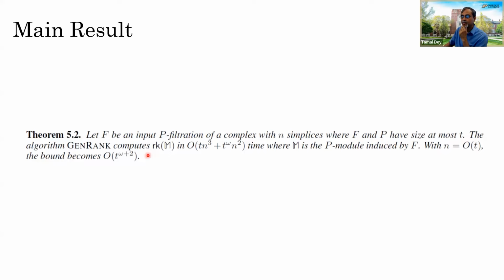Then the algorithm computes the rank of N in this time complexity, T to the power 2 plus omega times N. Basically, it's almost like a little more than quadratic, because here 2 plus omega, where omega is the matrix multiplication exponent, is 2.373. So it will be a little more than quartic. So this is what you get for the time complexity of the algorithm.